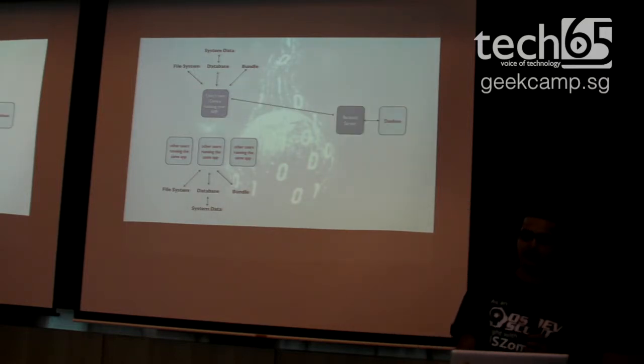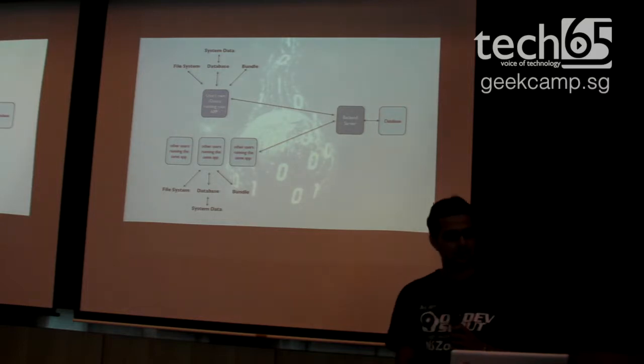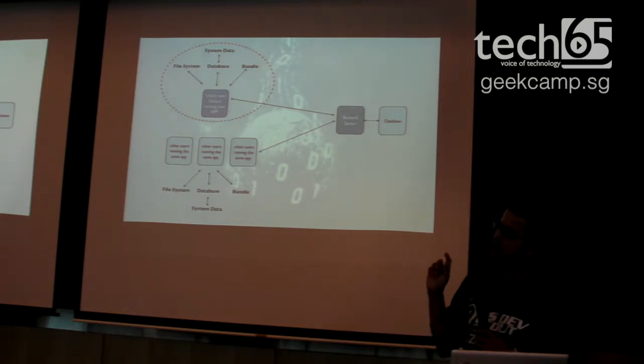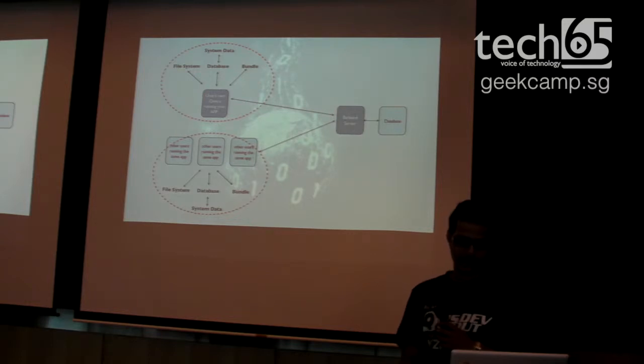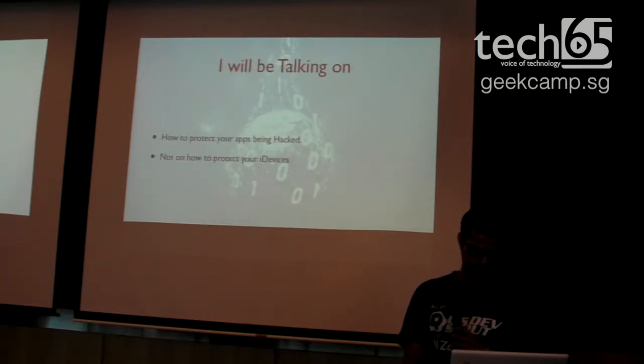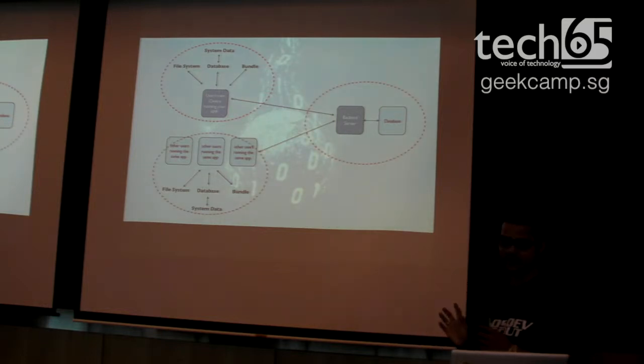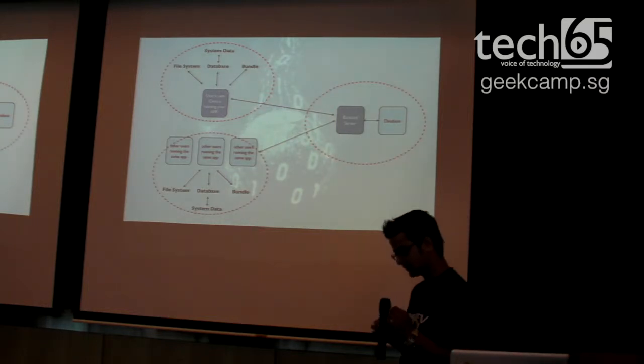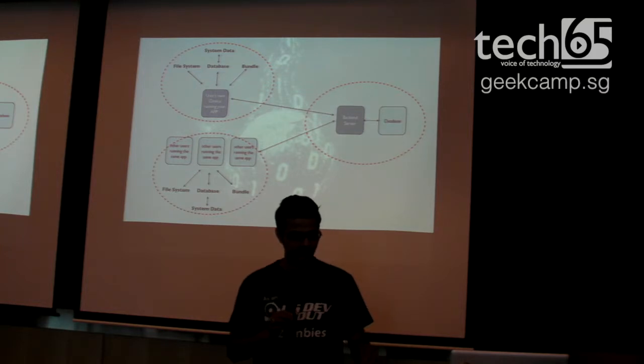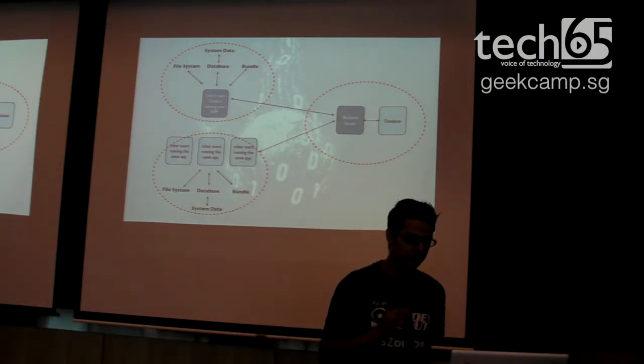And they access your backend also. So when you're talking about protecting the data, it's about protecting the data of the user who is running the application, protecting the data of other users who are running the same application, and also protecting this data.